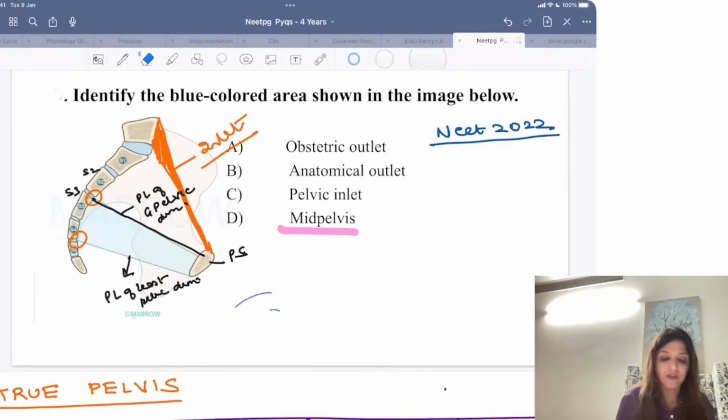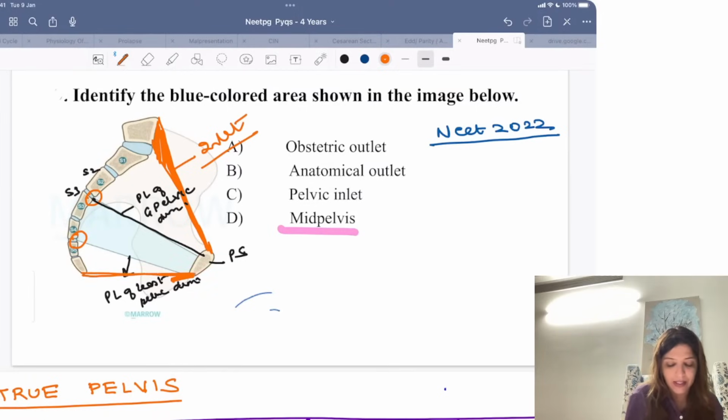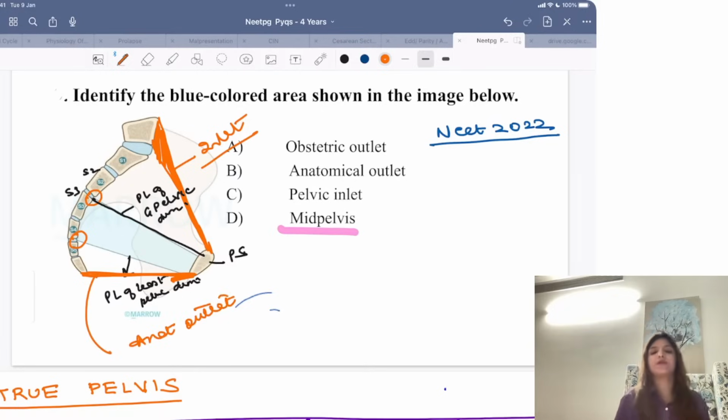Then you have something which is called the anatomical outlet. Anatomical outlet anteriorly is bounded by pubic symphysis, posteriorly it is bounded by tip of coccyx. So this over here is anatomical outlet, right? Now this area which I'm going to mark in yellow color, which is between the plane of least pelvic dimensions.